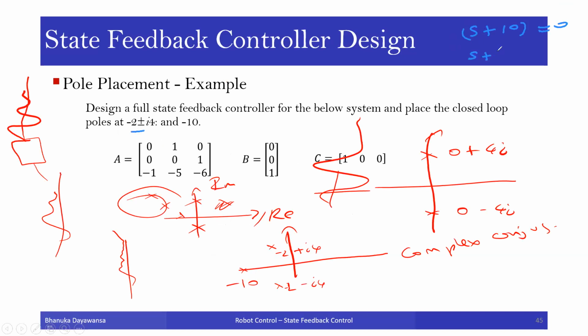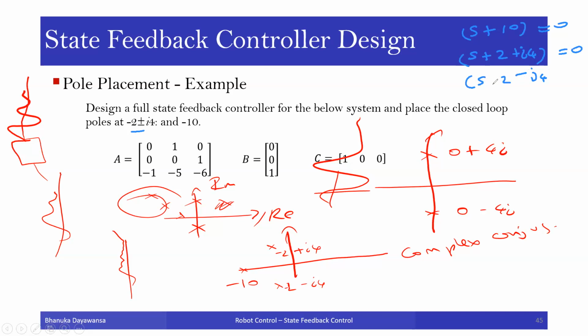S plus 2 plus J4, or j4 is 1, whatever. The other one, S minus 2 minus, sorry, I got it wrong. It's plus here also.